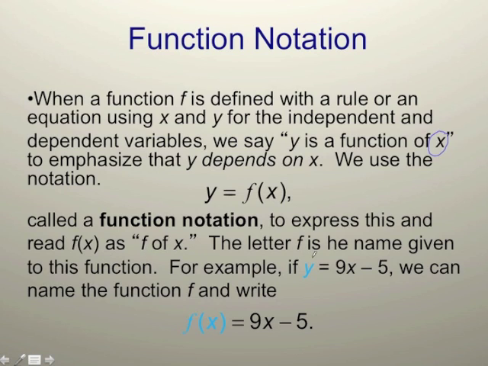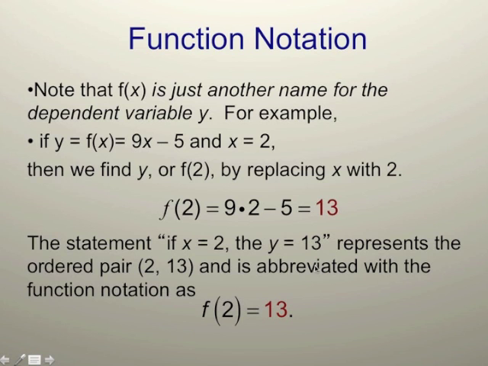We read it, f of x. The letter f is a name given to this function. If we had y equals 9x minus 5, we can call it a function f and say f of x equals 9x minus 5. Notice I just put f of x in place of y. So f of x is just another name for the dependent variable y.